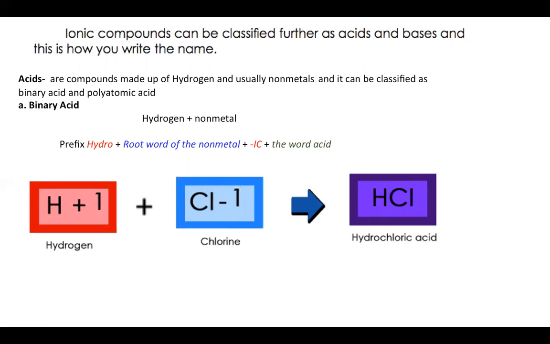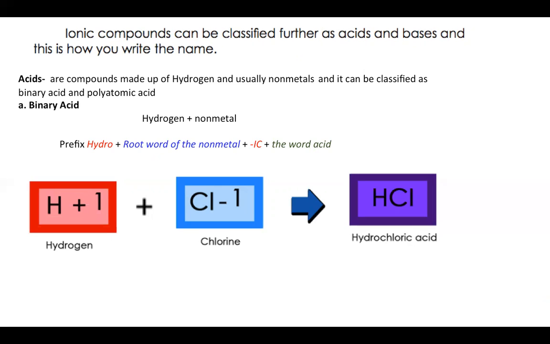As what I've mentioned in our rule, you have to put the word hydro first, followed by the root word of the non-metal. What is the root word of the non-metal? You have the chlorine, but you have to put the IC as the suffix. So chlorine becomes chloric plus the word acid.